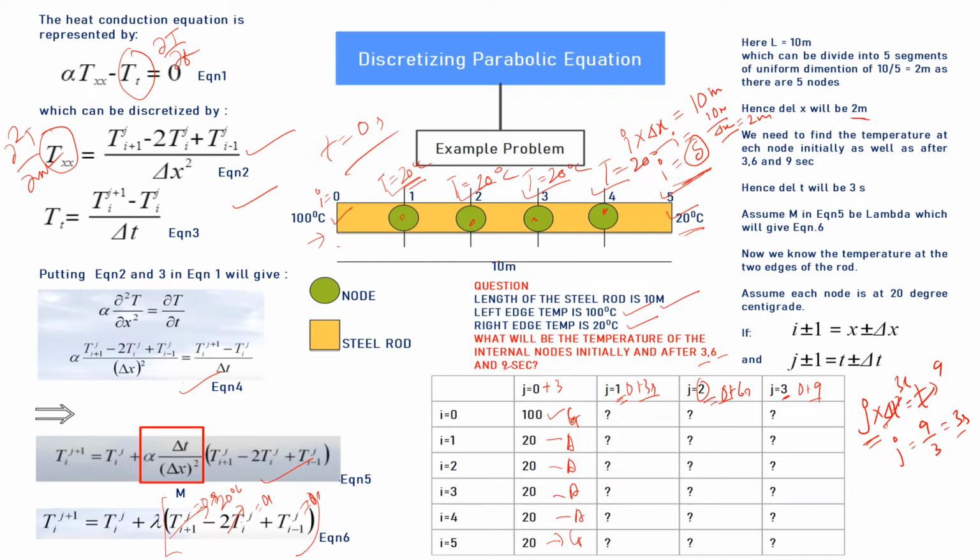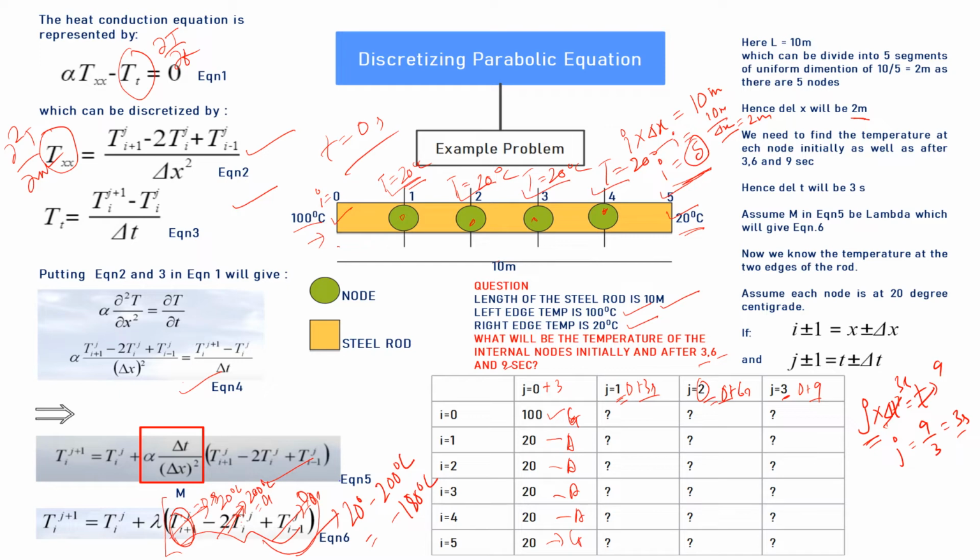So at i equal to 0, your T is 100 degrees centigrade, so this will be your 200 degrees centigrade. And there is no i minus 1 term here, so this term will be 0 total. So here what I found is, this is 20 degrees centigrade minus 200 degrees centigrade. So this will ultimately be minus 180 degrees centigrade. Right?